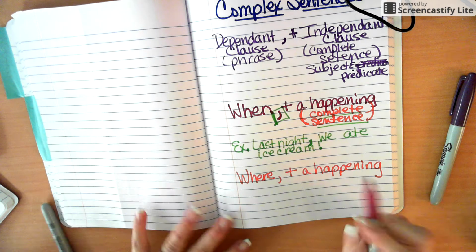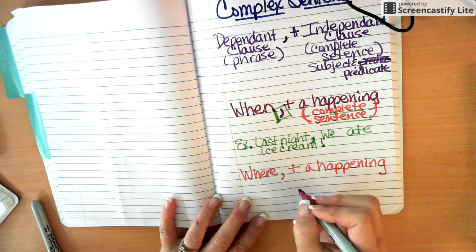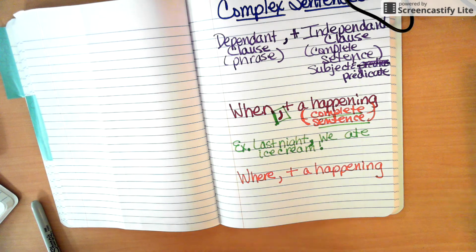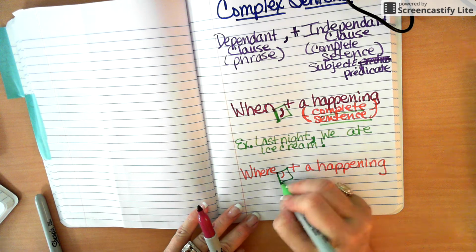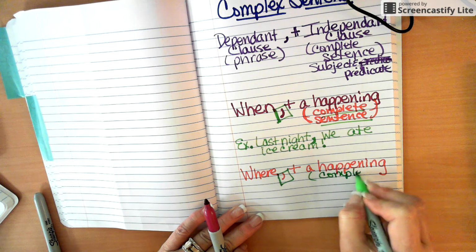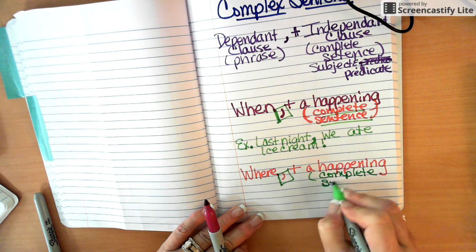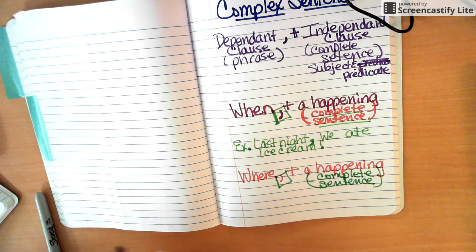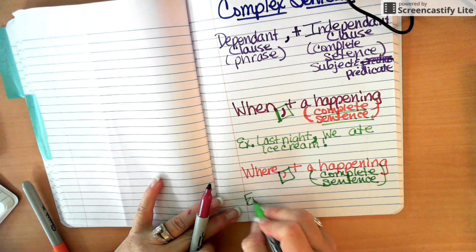Okay, I had to pause that for a second. So you have a where, comma, plus a happening. All right, make sure you remember your comma, and that this must be a complete sentence on this side. All right, and here's our example.